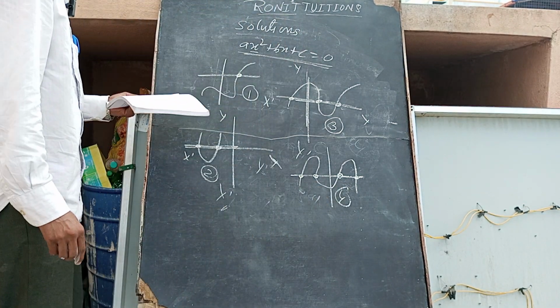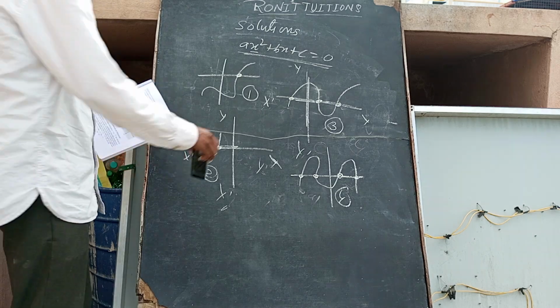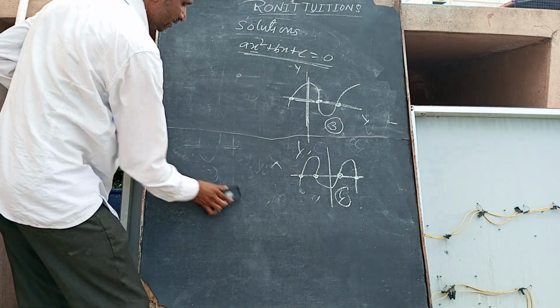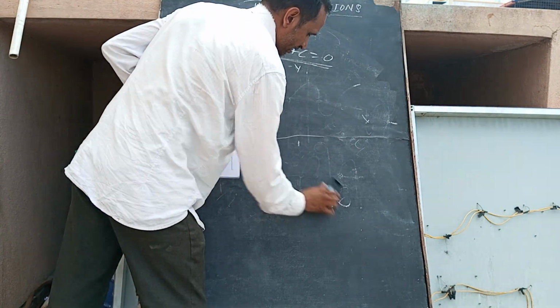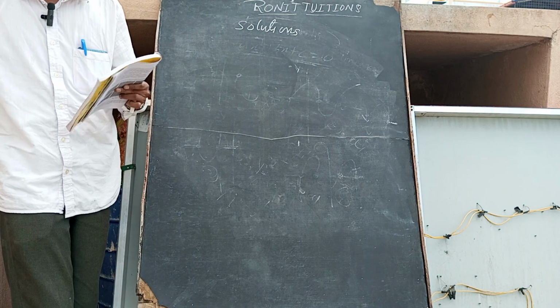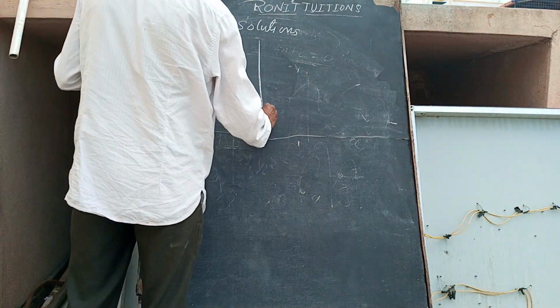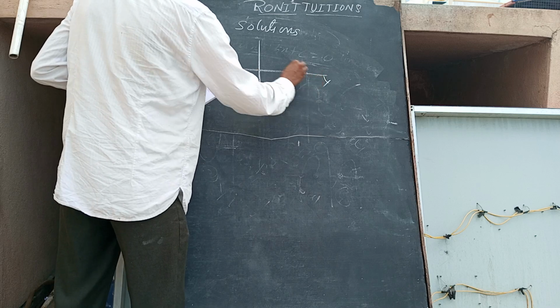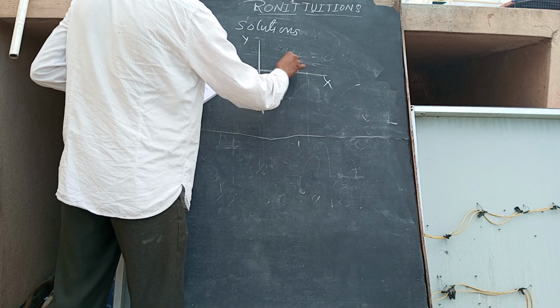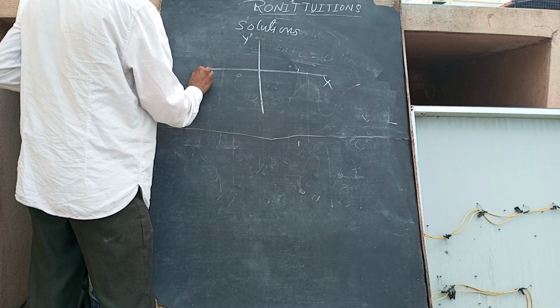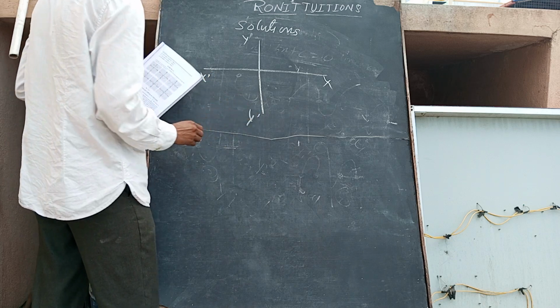And last, there is one more. You can try it yourself also. Otherwise, I am doing it myself. See, it is written like this: x-axis, y-axis, x dash axis, y dash axis.